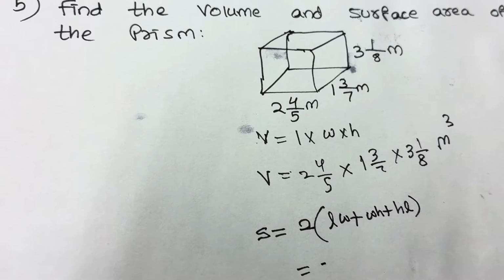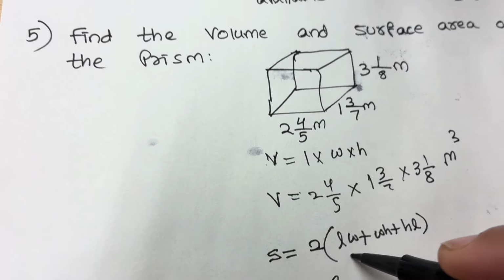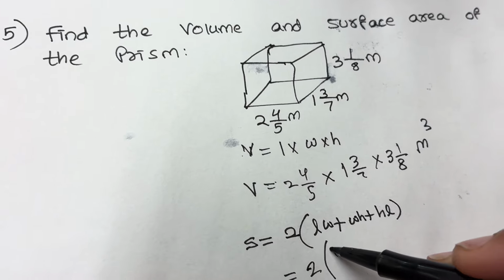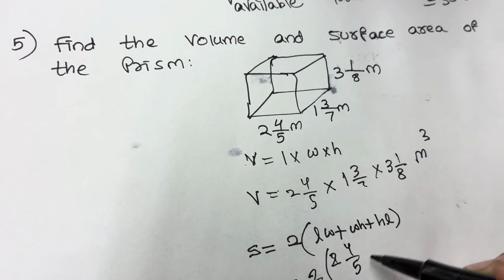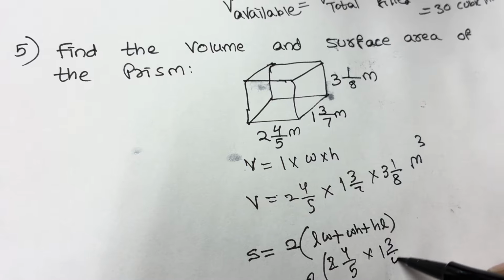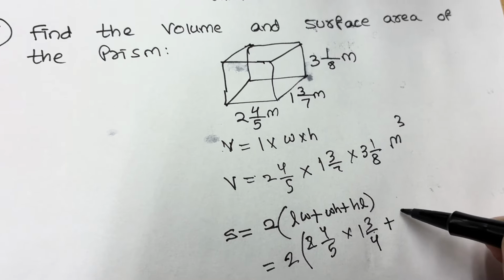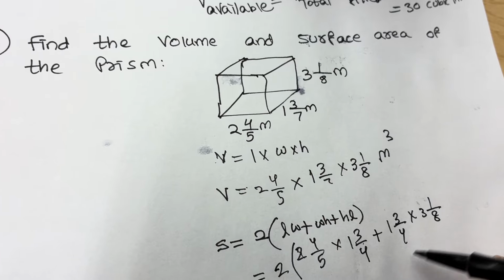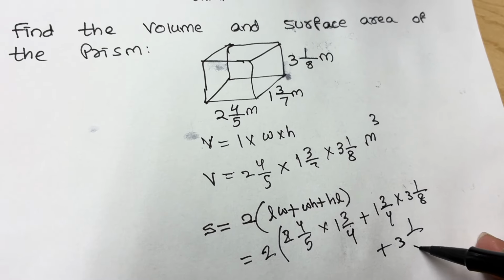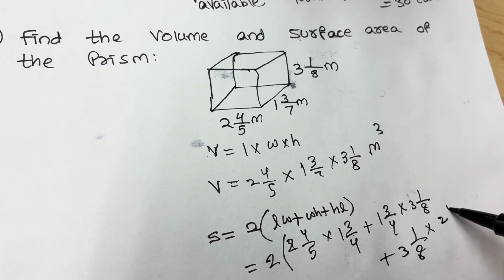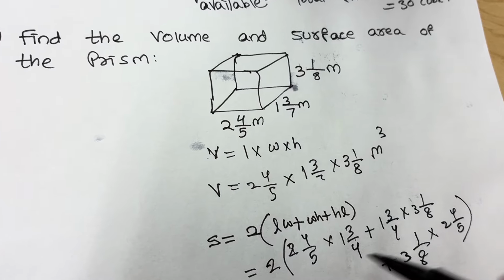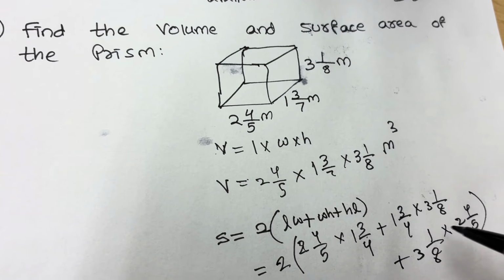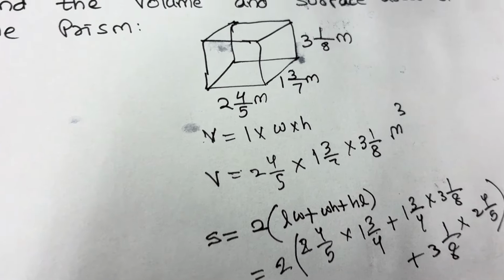So it would be 2 times length, 2 4/5, times width, 1 3/7, plus 1 3/7 times 3 1/8, plus 3 1/8 times 2 4/5. So this is how you find the surface area of the shape.